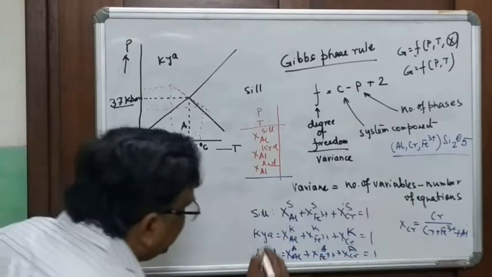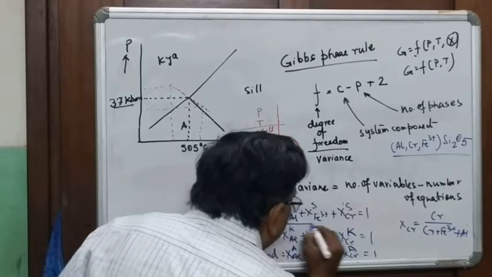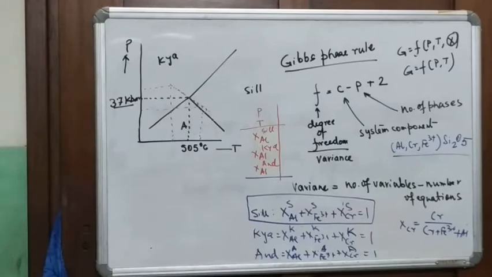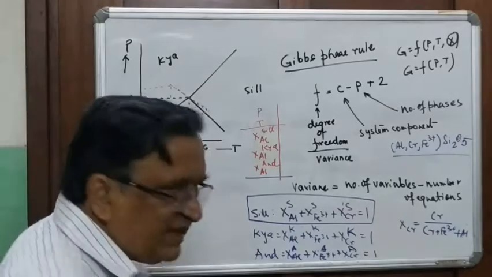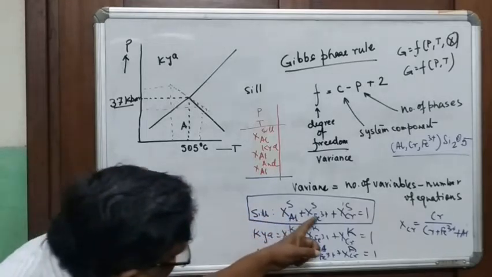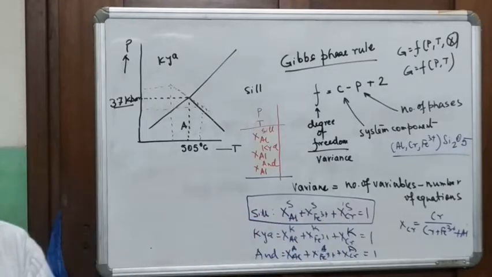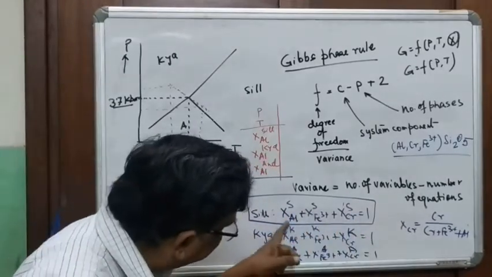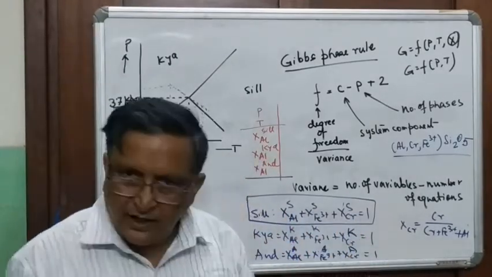So now, let's look at this equation. What do you see? You see something interesting. What is it? There are 3 variables in each of these equations. Have you understood?